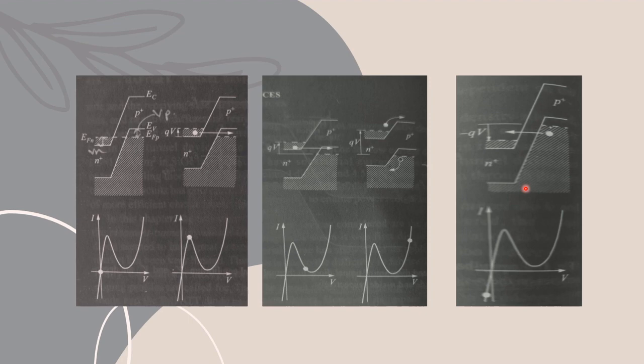reverse bias condition. When we apply reverse voltage at the PN junction, or simple PN tunnel diode with P plus and N plus regions, what do we get? In this portion the current increases monotonically.